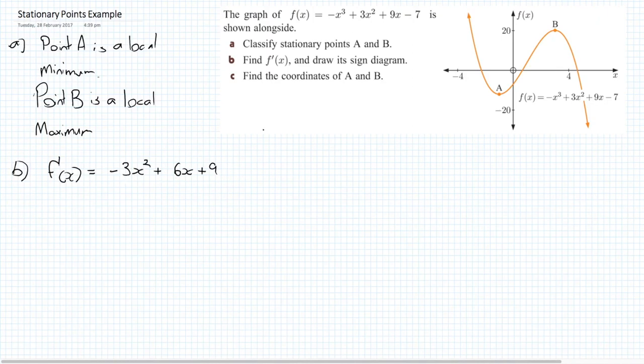Now we can factorize this and take out a common factor of minus 3. So let's do that. So we've got minus 3 out the front, x squared, take 2x, take 3. Now the reason we're changing the signs here is because we're multiplying by a negative number. We've got to multiply by a negative number in order to get a positive. We can still further factorize this and put it into brackets.